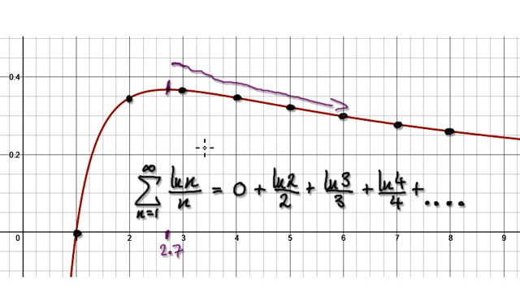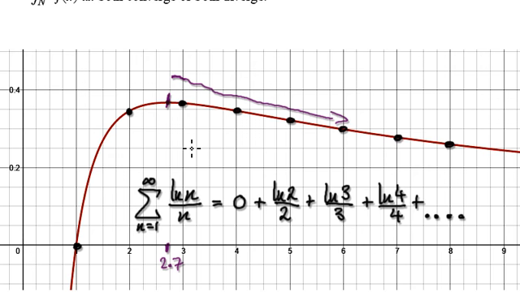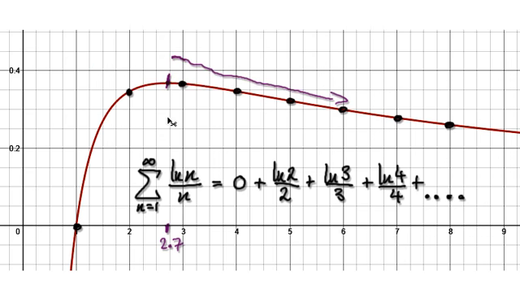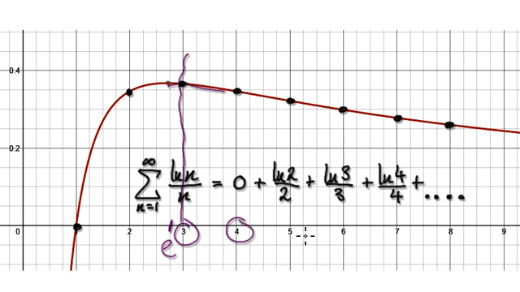So yeah, everything here is satisfied. So we should set our capital N. Capital N can only be an integer. Beyond e here, we know it's going downhill, so we can set it anywhere beyond e. So let's just set capital N to be 3.